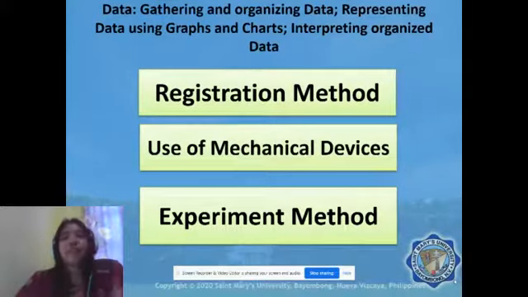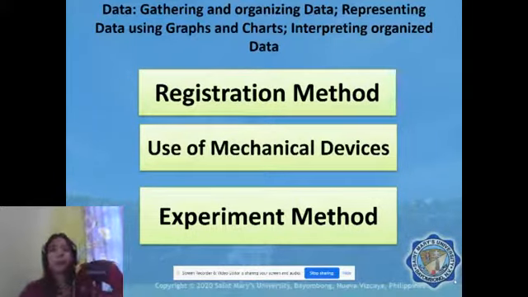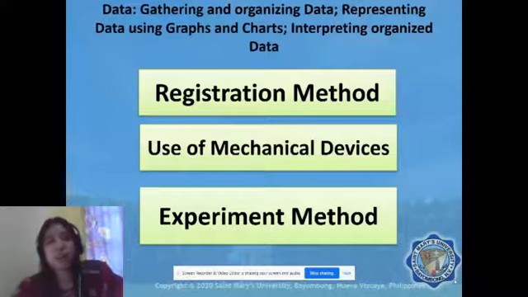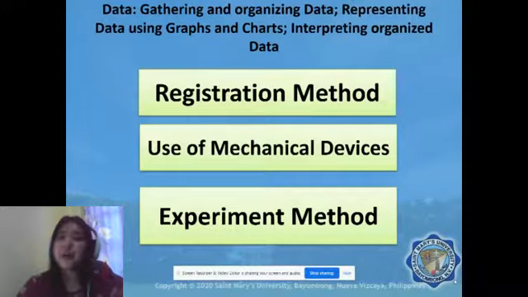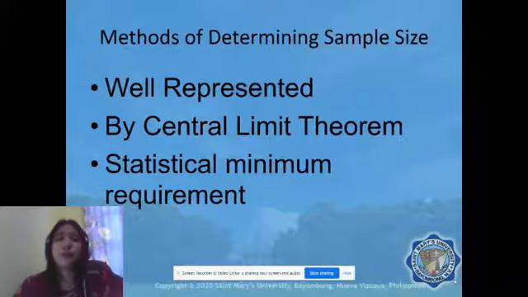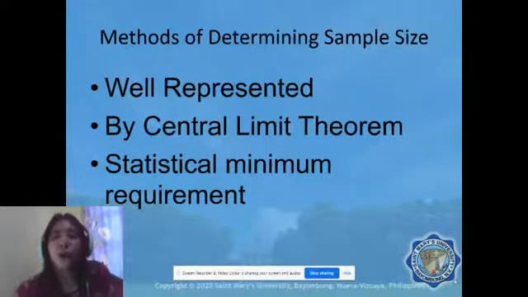Okay, so after deciding what method to use to gather your data, the next thing is, of course, how will you determine the number of your respondents? That is determining the sample size. So I will consider here some ways on how to determine your sample size.